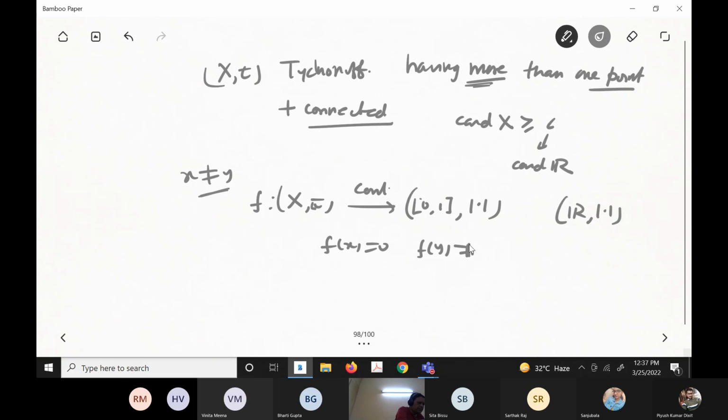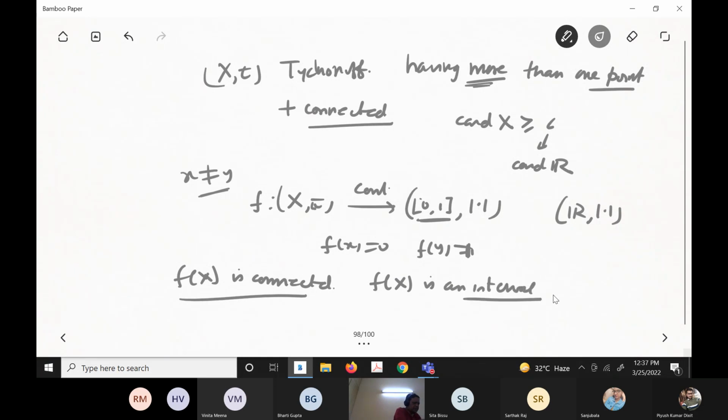Now, if you have this, X is connected, so f(X) is connected, which is a connected subset of R. That means f(X) is an interval. Now look, f(X) is an interval contained in this.